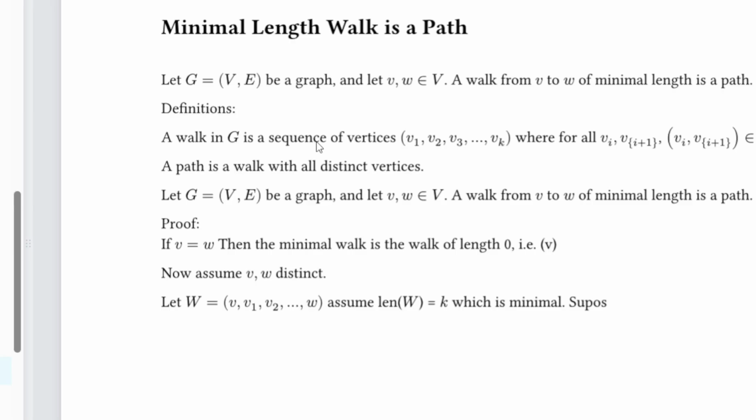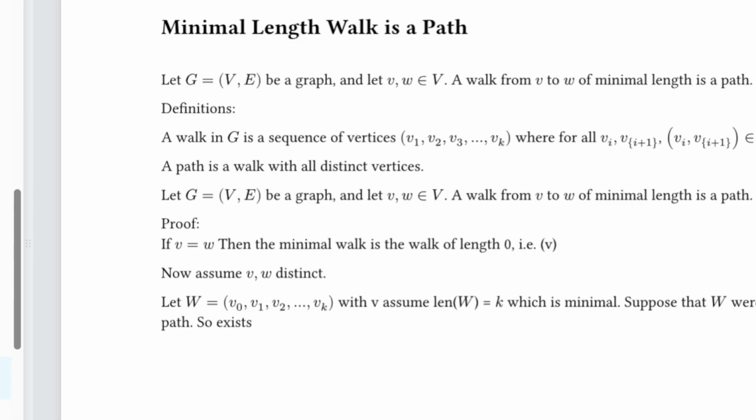Suppose that the walk were not a path. This means that there exists a repeated vertex. Just for simplicity, I will name the endpoints of the walk, with v0 equals v, and vk equals w.